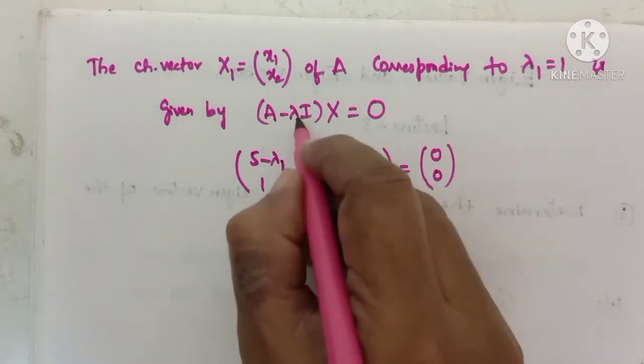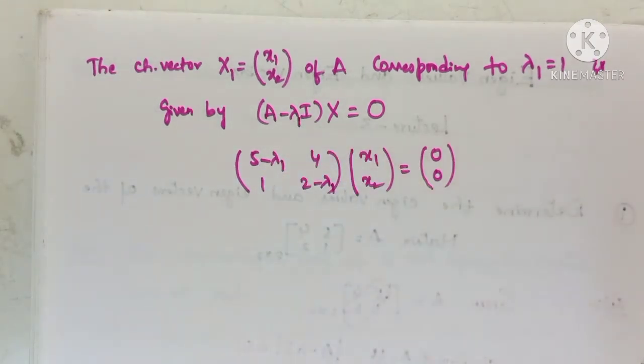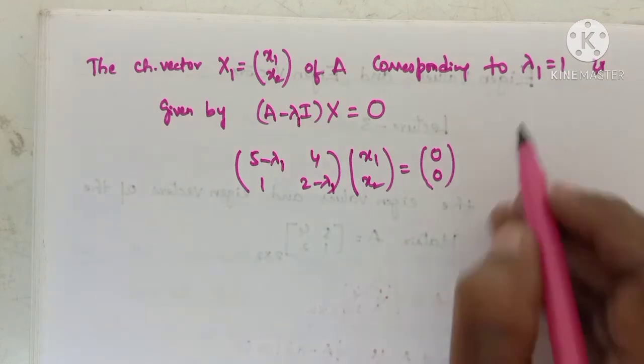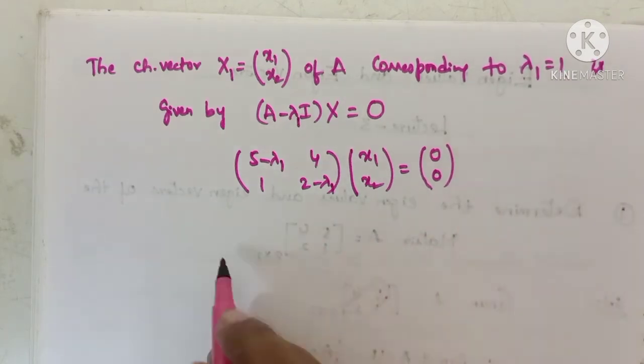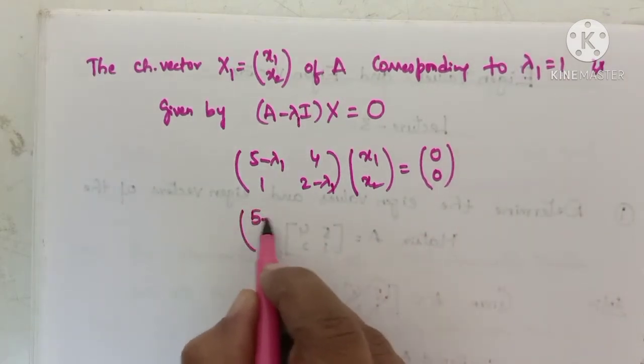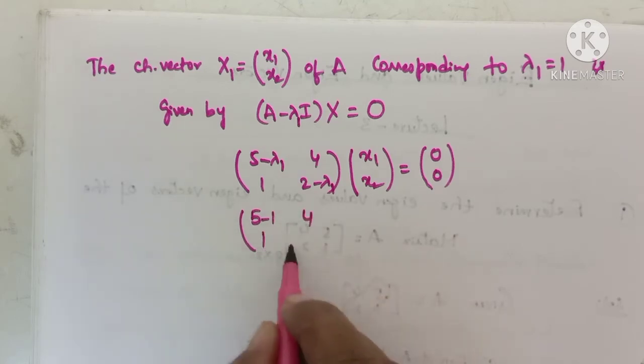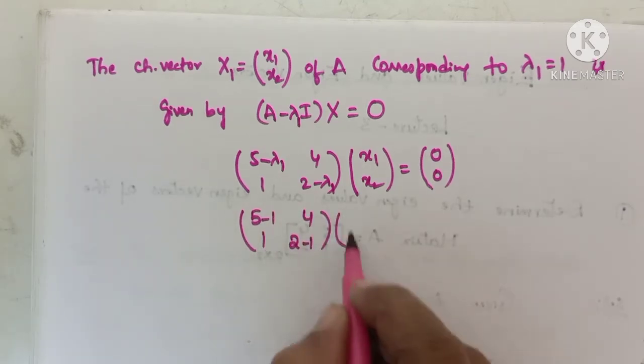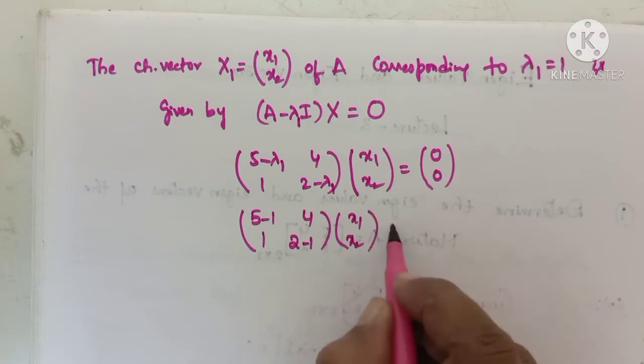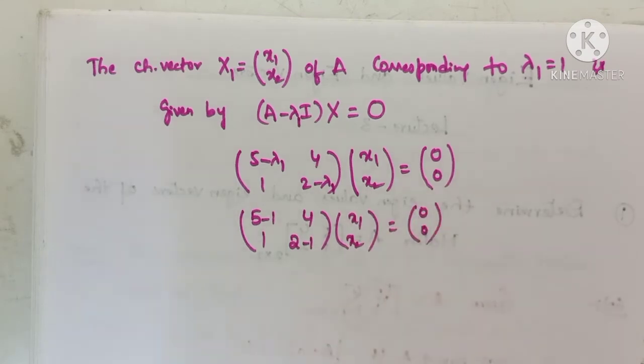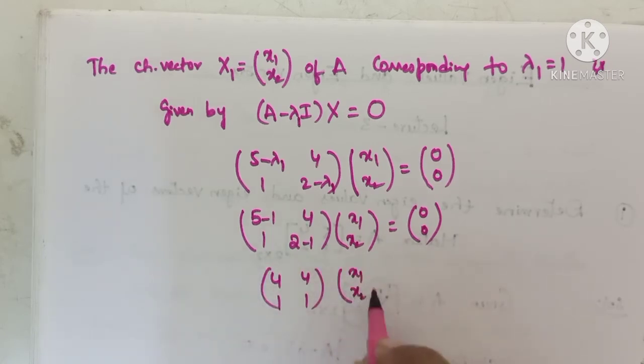For the first characteristic root, we are finding the characteristic vector. Now we replace lambda by 1. [5 minus 1, 4; 1, 2 minus 1] (x1, x2) equal to (0, 0). That is [4, 4; 1, 1] (x1, x2) equal to (0, 0).